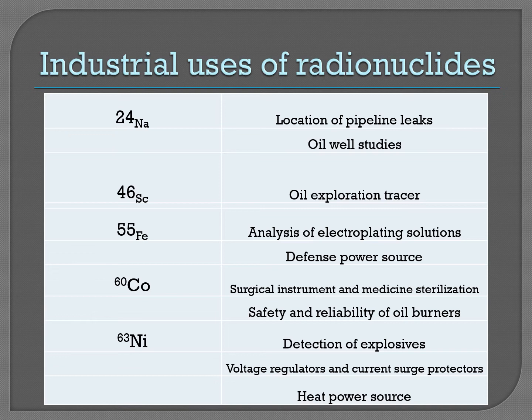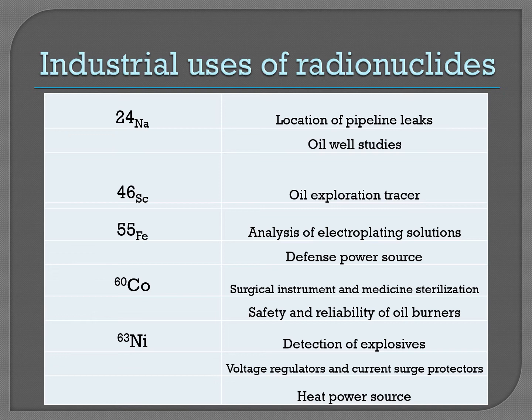Then we have the radionuclide of iron 55. It is used in the analysis of electroplating solutions and defense power sources. Then is cobalt 60. It is basically used in surgical instrument and medicine sterilization.